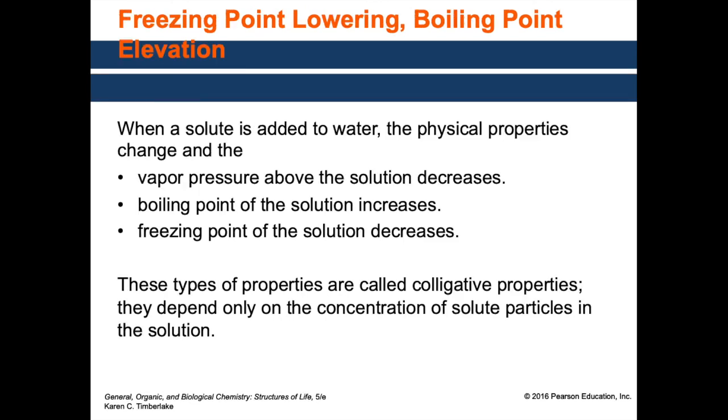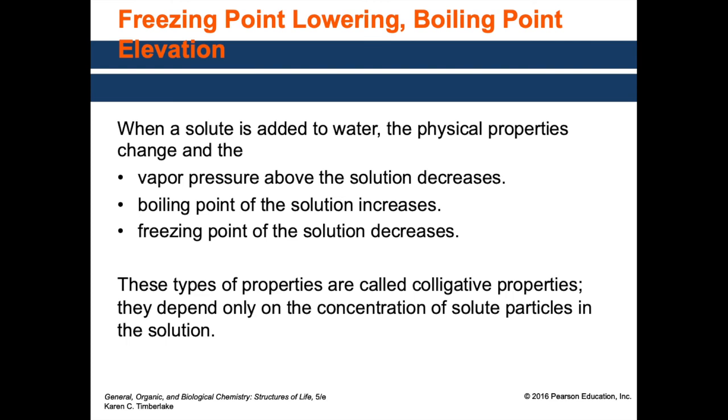Okay, so that brings us to colligative properties. We're starting to get into the last section of this chapter. Colligative properties are properties that change based on the concentration of your solution.